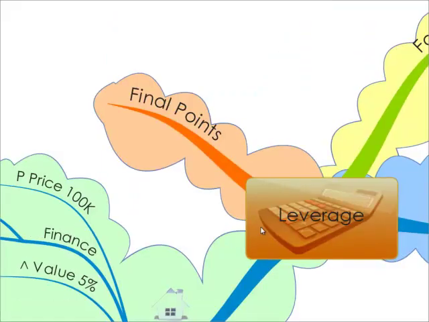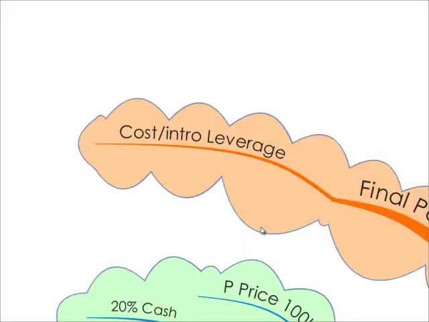Okay, just a couple of final points. Firstly, for a number of the intermediate users out there, in the back of your mind, you may say, well, look, there's a cost to introduce leverage into the deal. Essentially, we have to pay a monthly mortgage every single month by introducing leverage. And that's a very valid point.